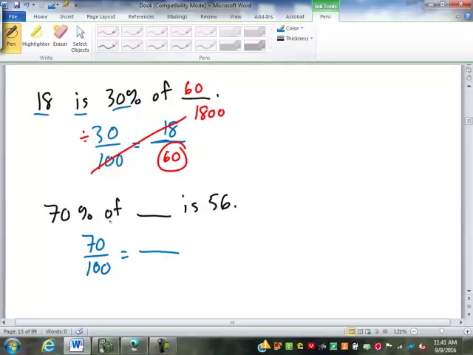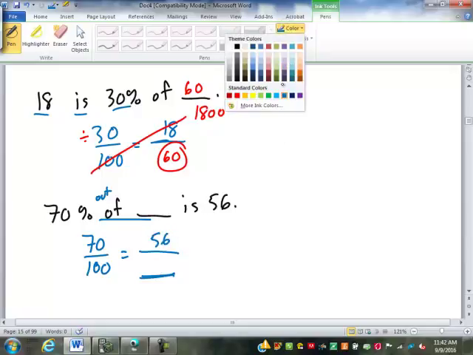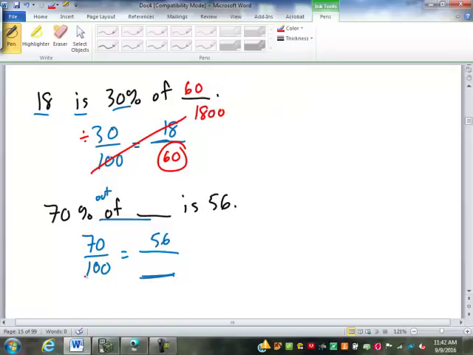Here it's probably easier for me to say of blank is implying out of blank. So our missing number goes on bottom. 56 goes on top. Cross multiply. 100 times 56, 5600. Dividing by 70 is 80. So 70% of 80 is 56.